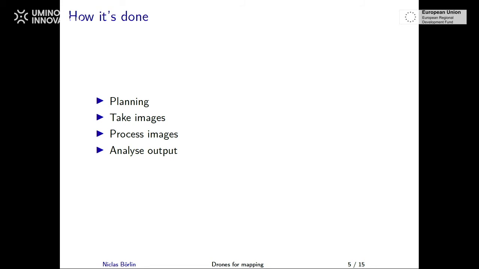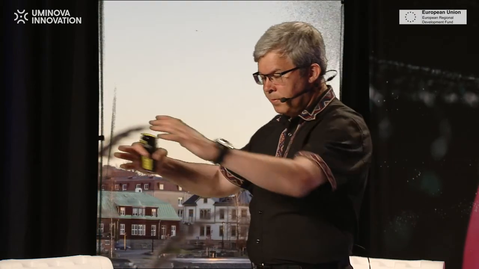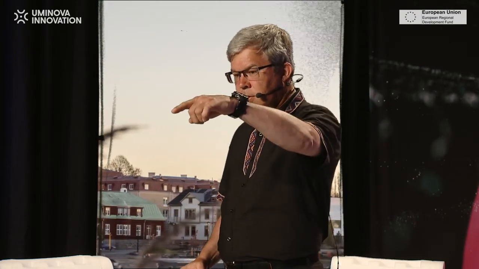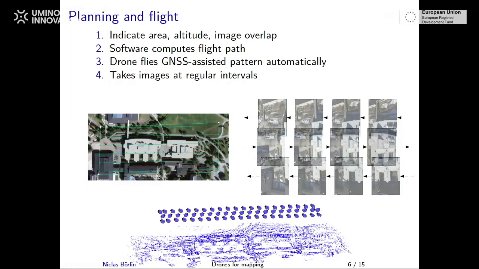So a mapping project with a drone is typically 4 phases. You have the planning phase, you take the images, you process the images, and then you study the output. And planning is quite simple. You have a map on screen, and you indicate the region where you want to fly.